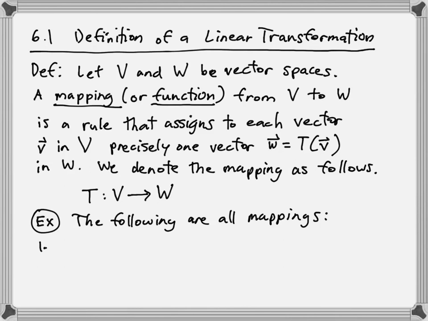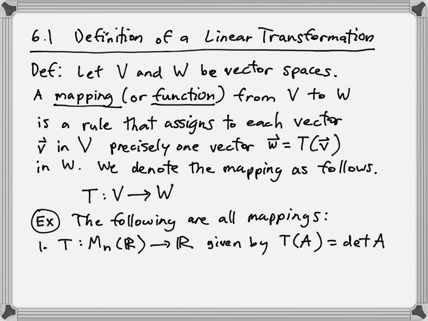First, I want you to imagine the mapping that goes from n by n matrices to the real numbers given by, you take any matrix and you take its determinant. This is a mapping, right? Because it takes a matrix, something from M_n(R), and then assigns it a number, which in this case is the determinant.